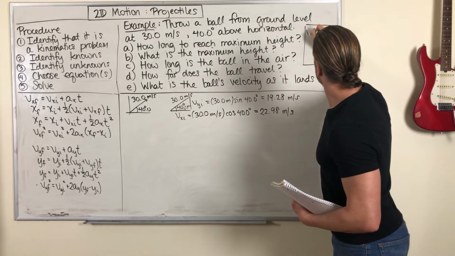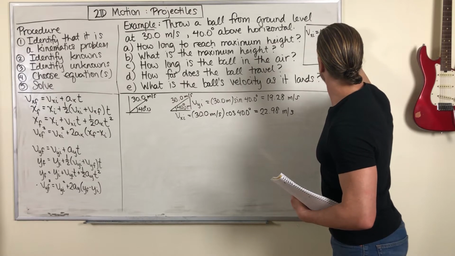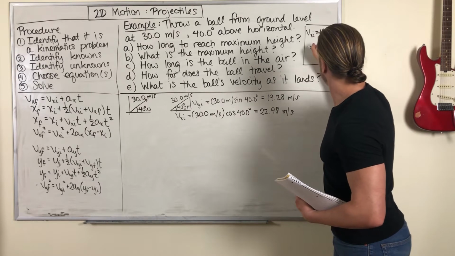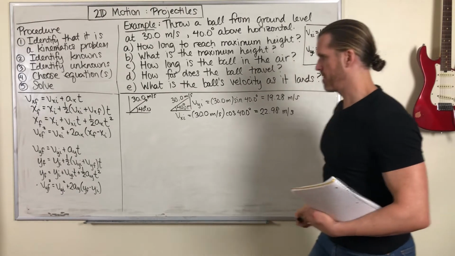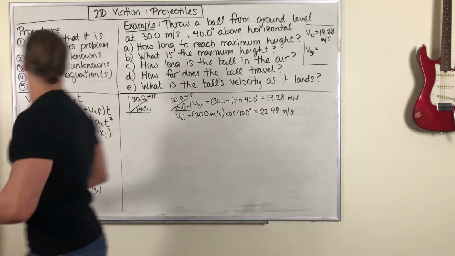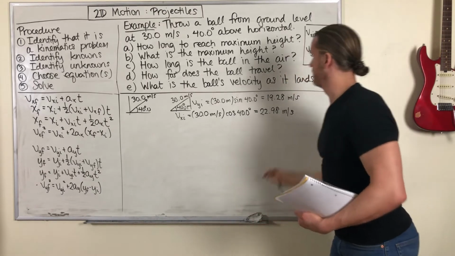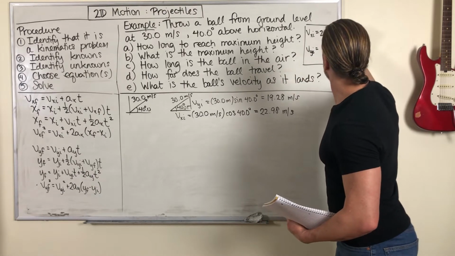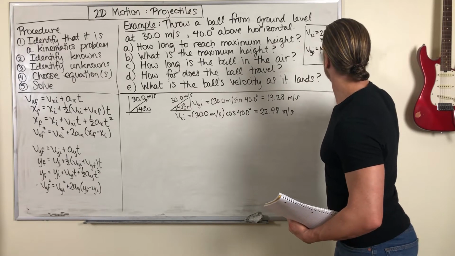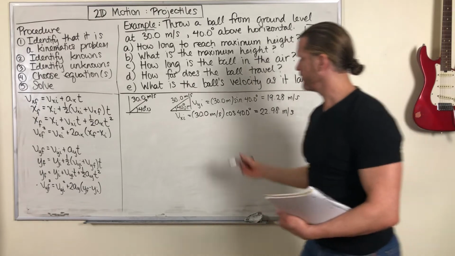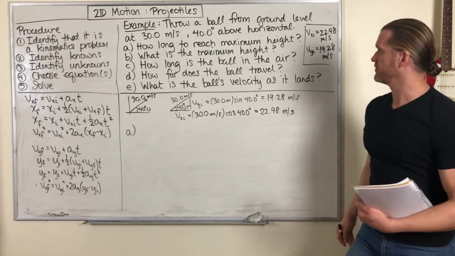So Vx initial equals 22.98 meters per second, and Vy initial is 19.28. Sorry, I wrote that backwards. Okay, now we can start answering stuff.